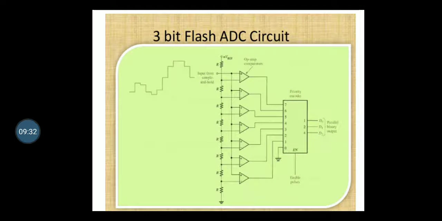The comparator has a truth table. When VA is greater than VD, the logic output is 1, and when VA is less than VD, the logic output is 0. When VA is equal to VD, the output may be the previous value.